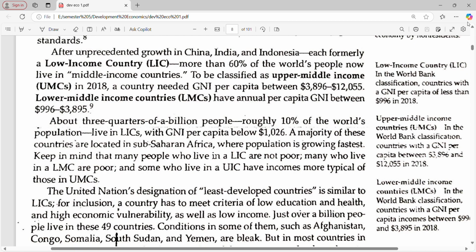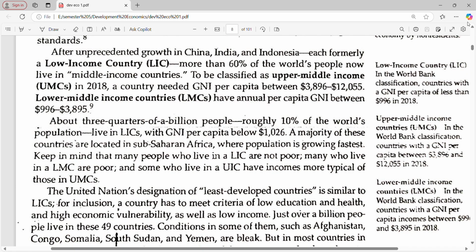Then you have our lower middle income countries. For them, the GNI per capita will be in between $996 and $3,895. Again, calculated in 2018. Okay, let's say in between $1,000 and $4,000.